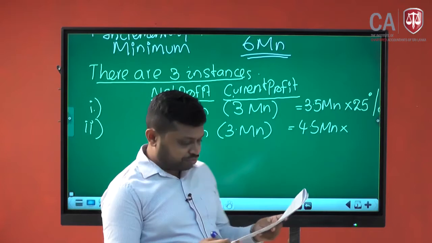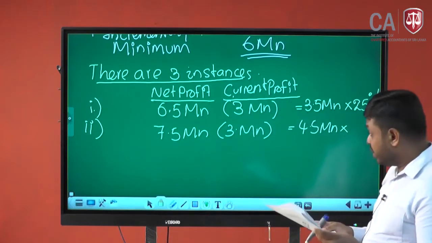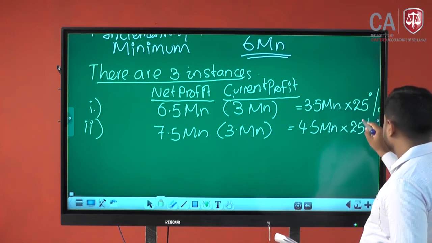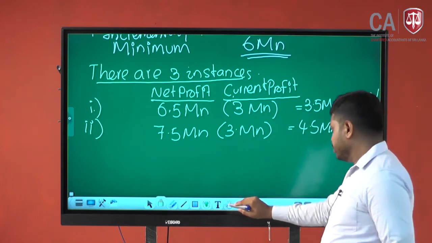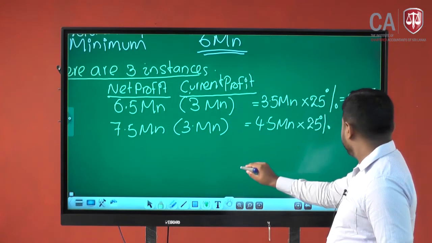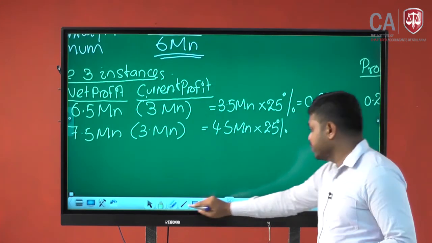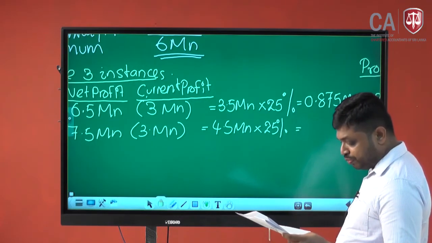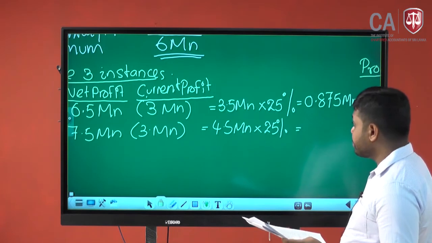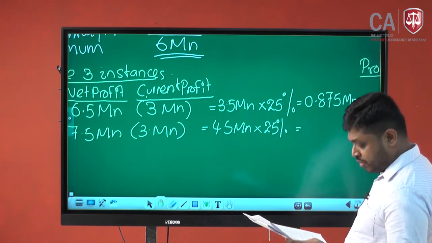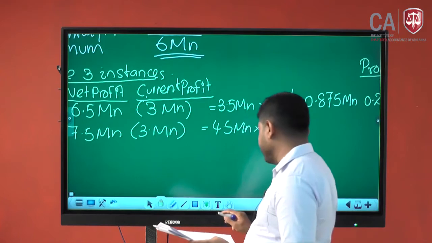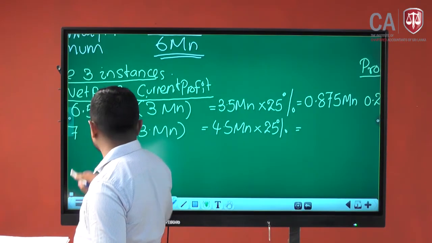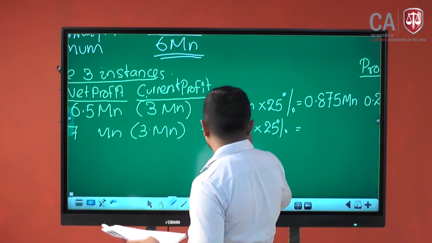Out of that 4.5, you can get 25%. That 25% will equal to how much? Sorry, I made a mistake. This is 7 million, not 7.5, then the incremental profit will be 4 million.